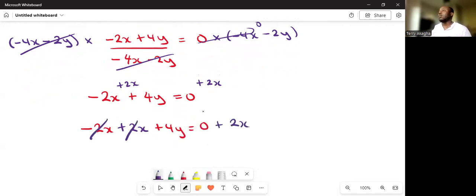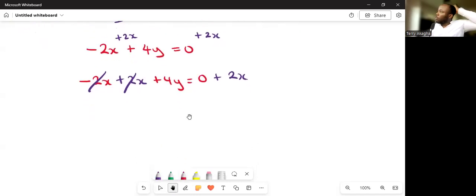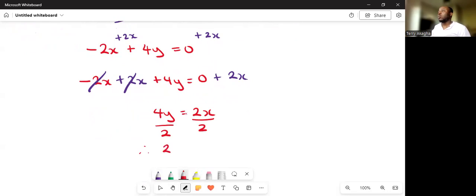This will cancel this out. Then you have 4y is equal to 2x. Then you divide both sides by 2, okay, to simplify. So therefore, you will now have 2y is equal to what? x. Or you can say x is equal to 2y.